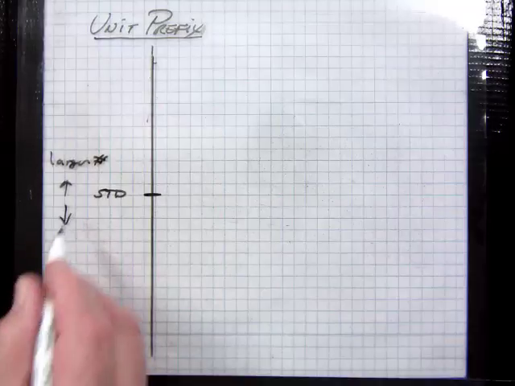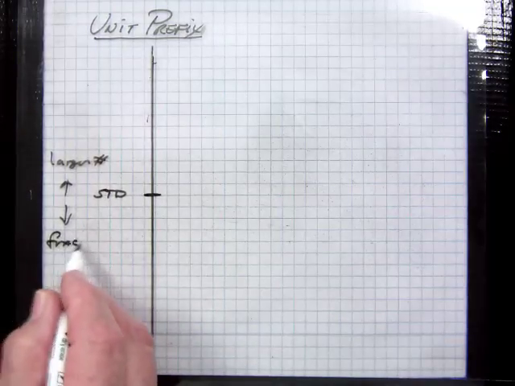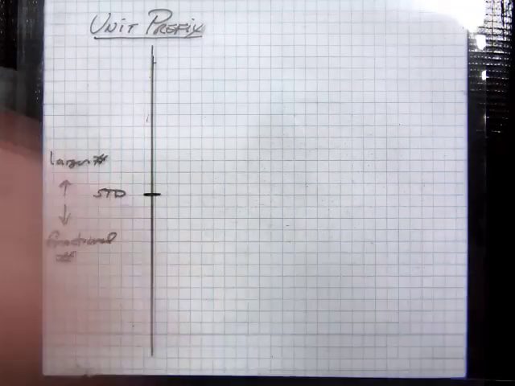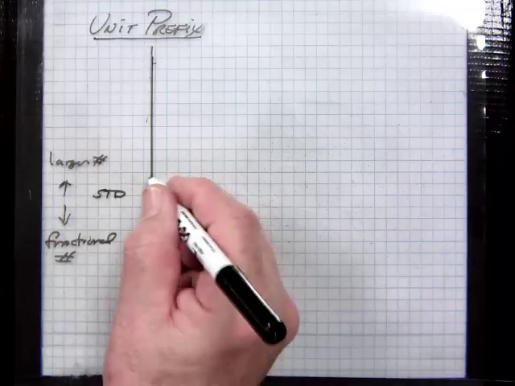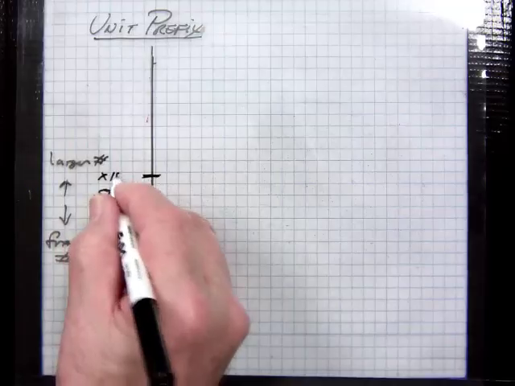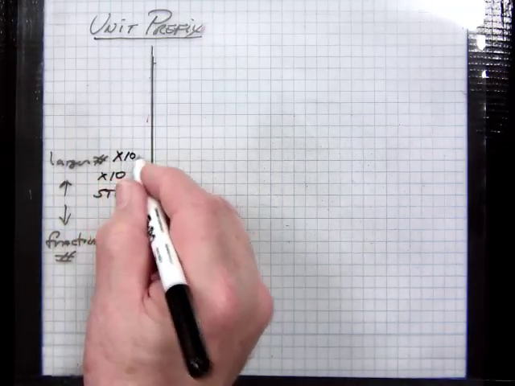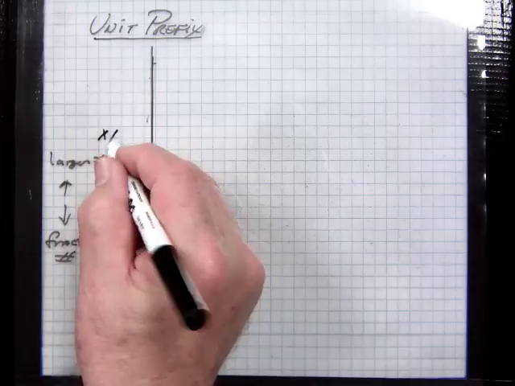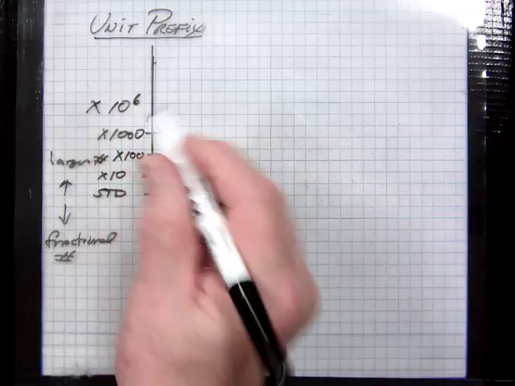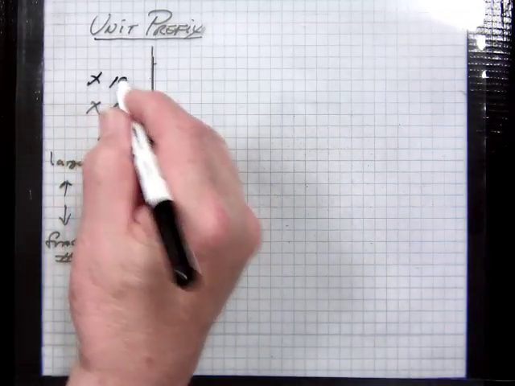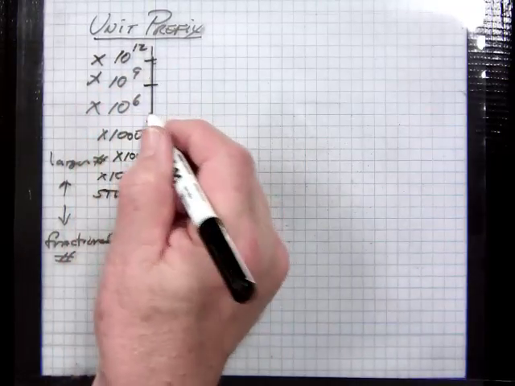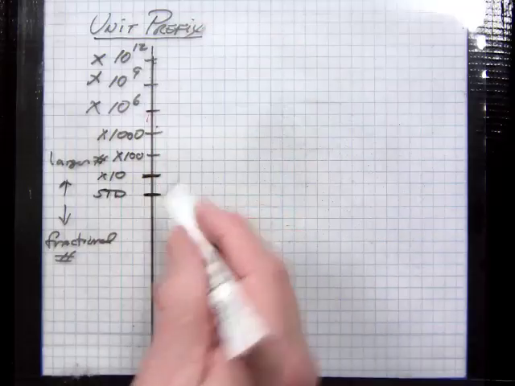And below that standard are fractional numbers, as you go up and down. And we find that these are divided into times 10, times 100, times 1,000, times 1,000,000. We don't have anything between that one. Times 10 to the 9th, and 10 to the 12th are the most common prefix designations. And we'll write them down here in a second.